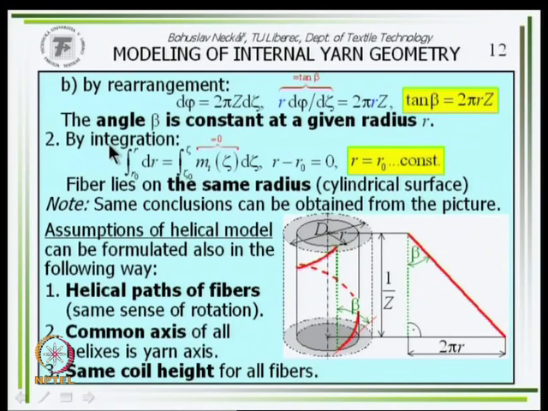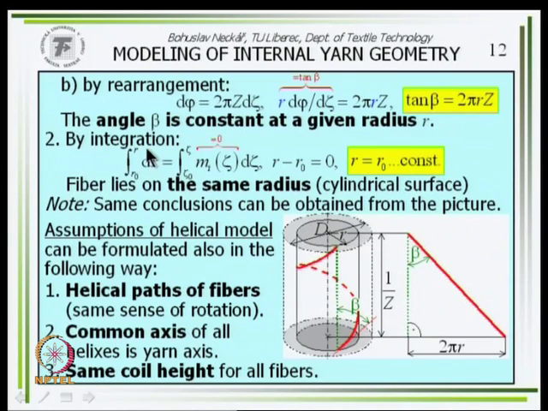From the same equation, we can write also, this is valid, now z is constant, it's not a function as in general. After multiplication and dividing by r, we obtain this here, but this is tangent beta. So tangent beta is 2 pi r z, okay?